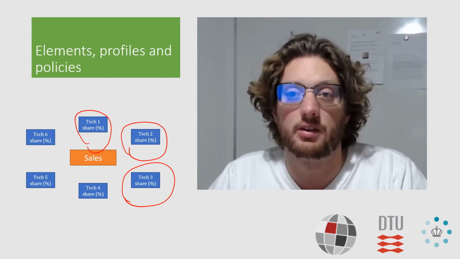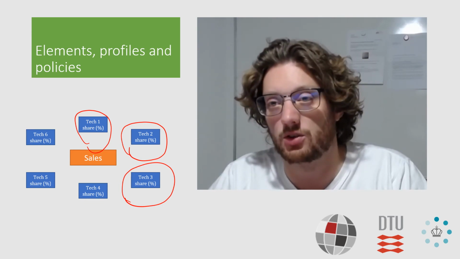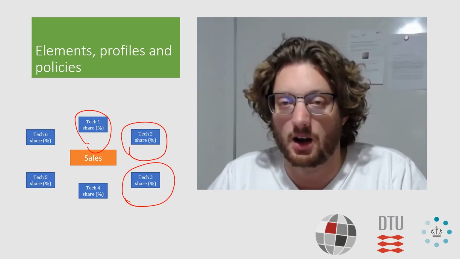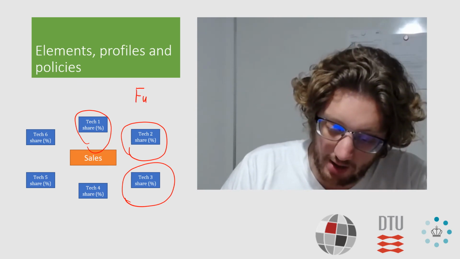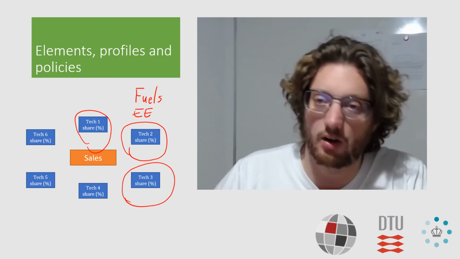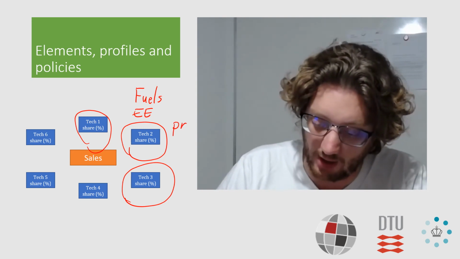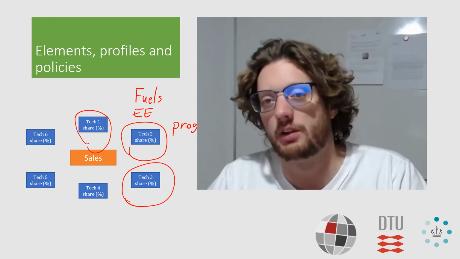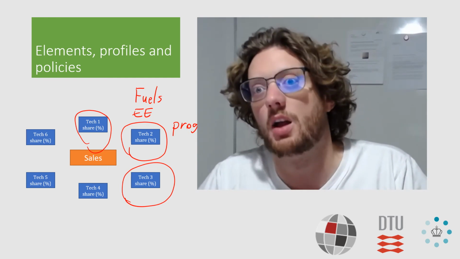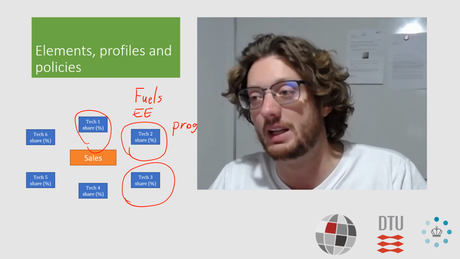Now, these we can define in a number of ways. Do they have different fuels? Do they have different energy efficiencies? Do they progress differently? For instance, are we trying to go over to a different product type that might not be more efficient right now, but we think is better for the system overall in 5 years, but we need a lead up to that.